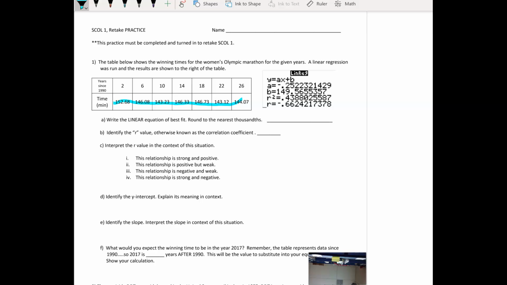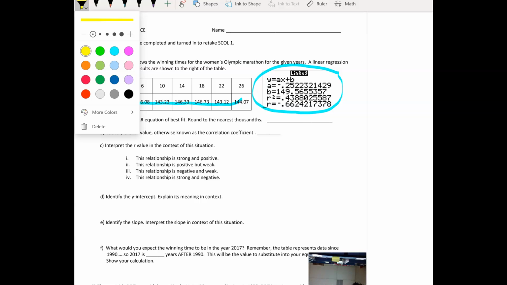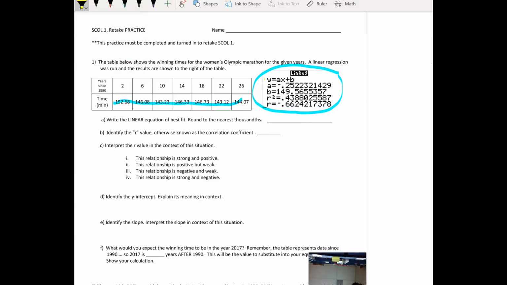And what's going to happen is, given this information here, we're going to write our linear equation of best fit. So what they do when they give you this is they give you the format of the equation they want you to use, this y equals ax plus b. And so I'll take the fact that they give me a, which is this negative 2.52.